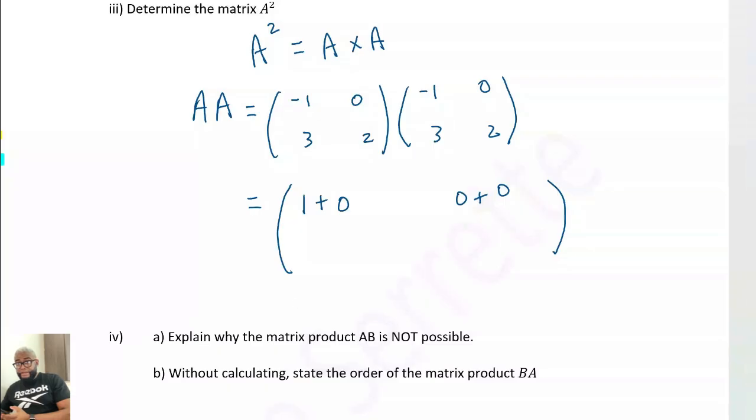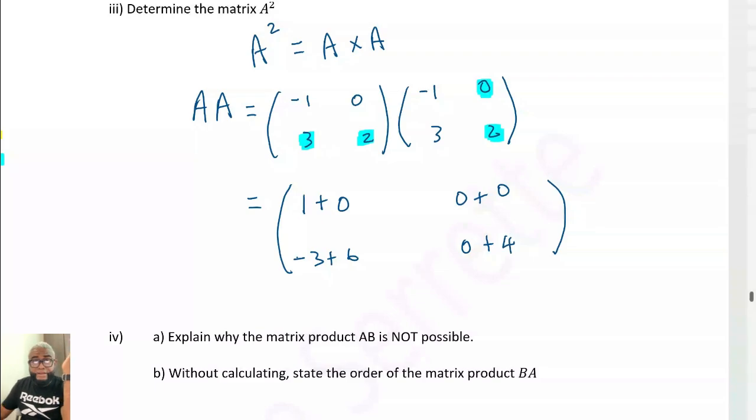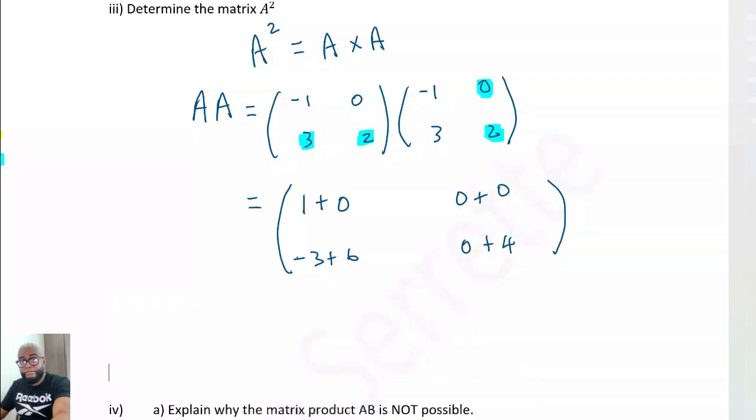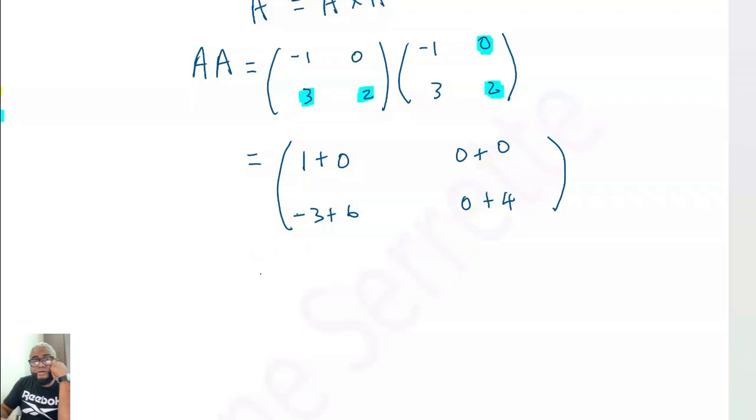So now 3 by 0 would be 0, and then 2 multiplied by 2 would be 4. Everybody good here? Right, so negative 3 plus 6 is 3, and then 0 plus 4 is 4. So this here is what A squared is.